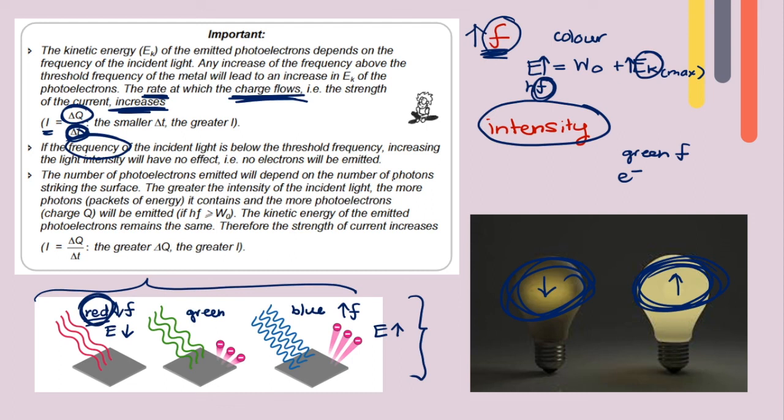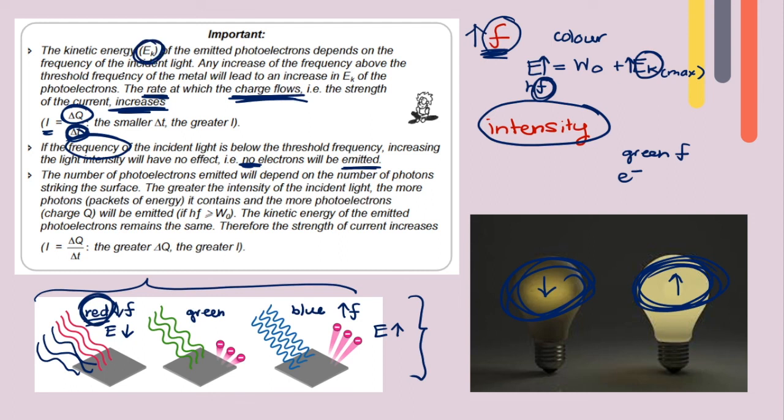You can go and you can increase the intensity of the red light, and still nothing's going to happen. No electrons are going to be emitted, and there will be no kinetic energy, because if nothing's emitted, there's no kinetic energy. Okay.